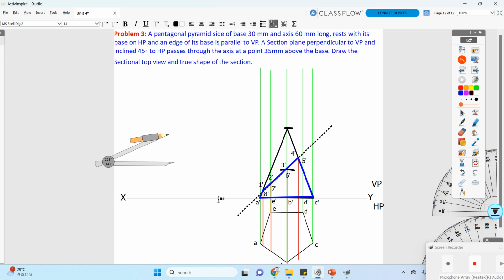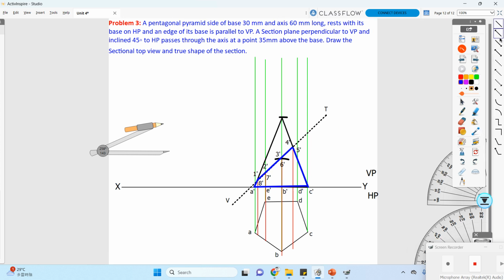Okay, so we can mark our section points over here and you can represent this as V point and this as T, and we can mark the dimension.